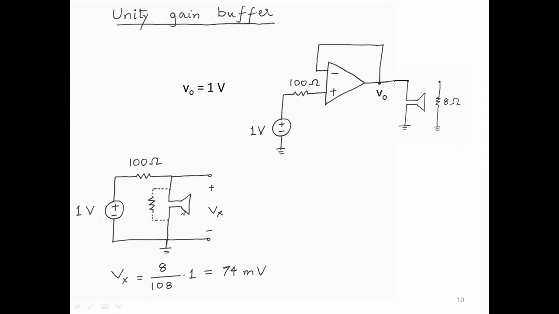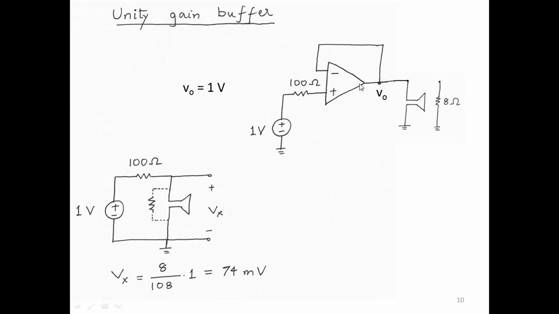That's not good. So now let's look at it here. I have the source and the source resistance. I'll put an amplifier in between, and I'll connect the output of the amplifier to the speaker. Now what happens? This VO is 1 volt because of the op-amp. Even when I connect a speaker, this voltage does not change, assuming that the op-amp is ideal.